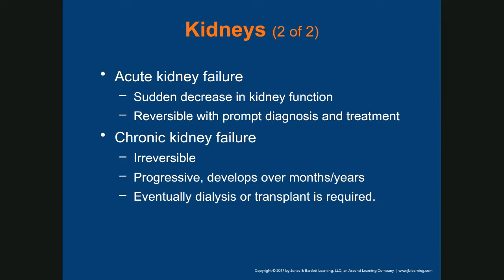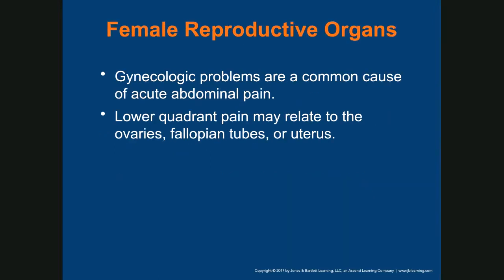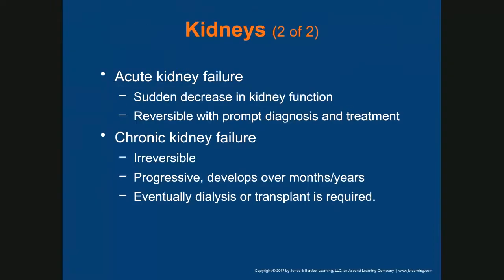Acute kidney failure, sudden decrease in kidney function, reversible with prompt diagnosis and treatment. Chronic kidney failure. And when we start to look at kidney failure, either there is an issue with blood flow to the kidneys, or more than one area of the kidney is not working properly, or there is an issue with removing fluid, urine from the kidney.